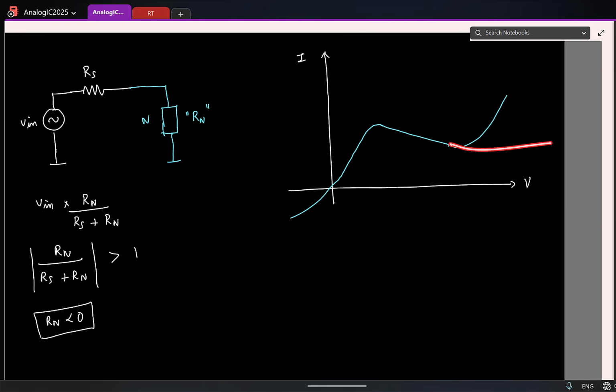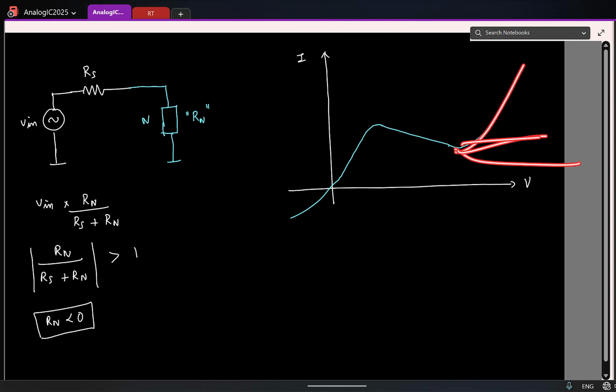Something to do so that it lies only in the first quadrant. It can go exponentially downwards also, but it should not enter fourth quadrant. I'm just giving some rough sketch. The idea is this is what you want, but if the IV characteristic should be passive, this is something which should happen, and here it can do something.